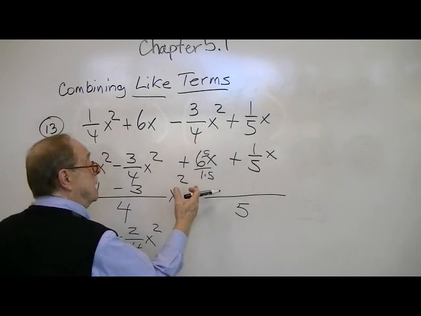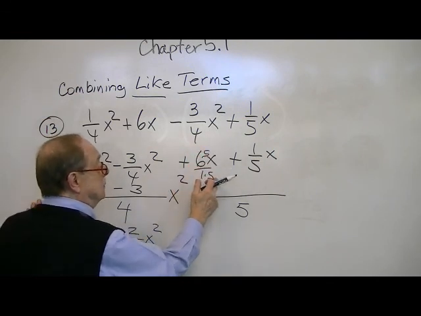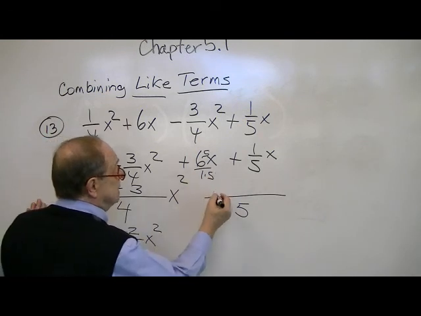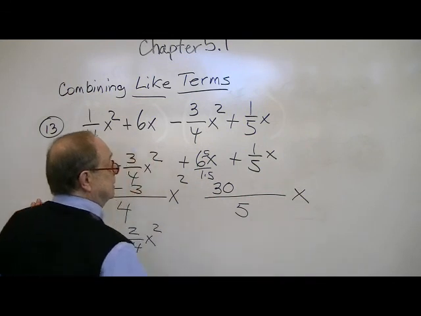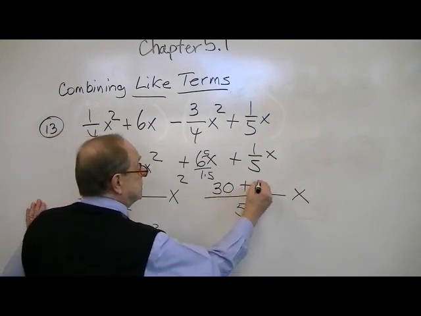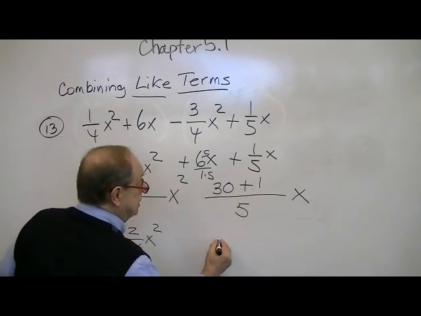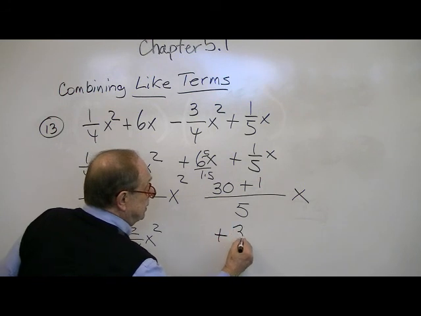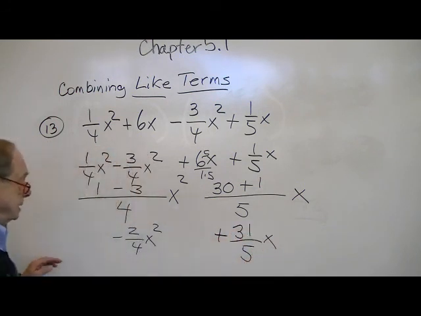I can multiply 6 by 1, but in the form of 5 over 5. So this then gives me 30, and remember the x is out there, plus 1. So this now becomes a positive 31 over 5x.